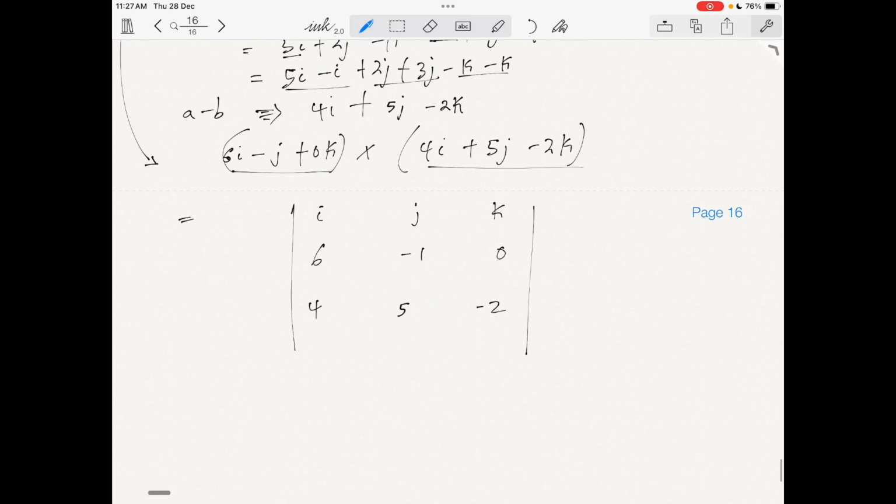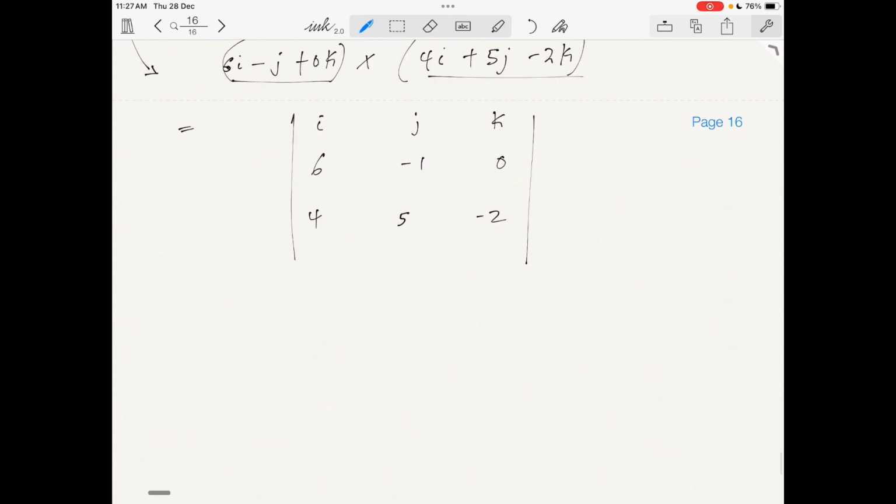So after that is done, we evaluate simply, remembering we have plus, minus, and also plus. So we have i into minus 1 times minus 2 minus 0 times 5, minus j into 6 times minus 2 minus 0 times 4, and plus k into 6 times 5 minus minus 1 times 4.